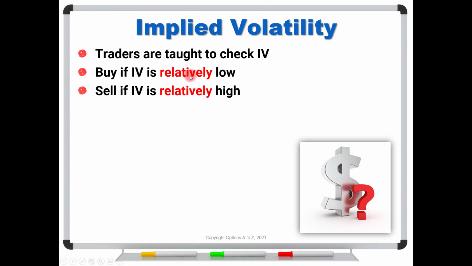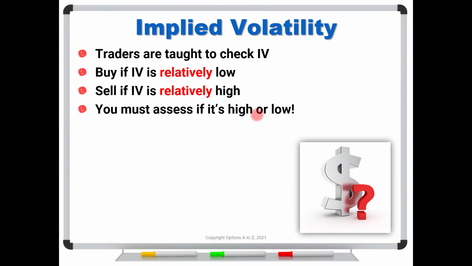Well, one of the problems with this is that you must assess if it's high or low, right? Just because you might see that the volatility is 40 and the historic is 20, you still have to make a determination if that's high or low. Now, it might be relatively high, but is it going to be the high in the future? So that doesn't necessarily mean that it's high just because you think it's high.